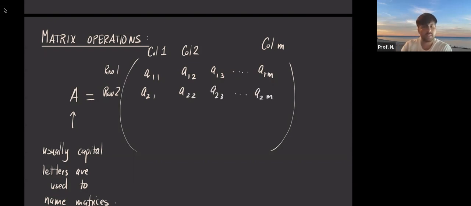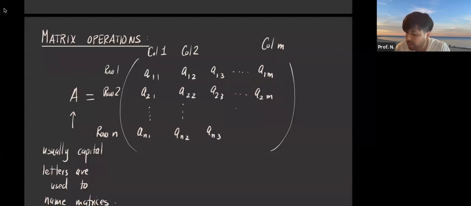Does everybody follow this? This is how it's going to move along. Then you go all the way to the nth row, row n. This would be an1, an2, an3, all the way to anm.